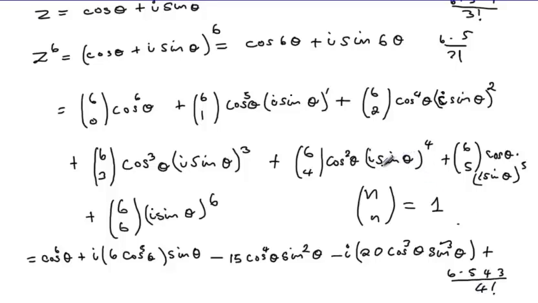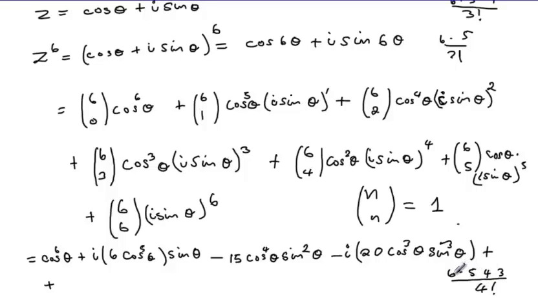Let's sort out i. i is going to be i squared, minus 1 times minus 1. So we're going to have a plus, isn't it? So let's say plus here. Then let's sort out this coefficient. 4 factorial is 24, isn't it? 4 factorial is 3 factorial times 4. 3 factorial is 6, and 4 times 6 is 24. Do you agree?